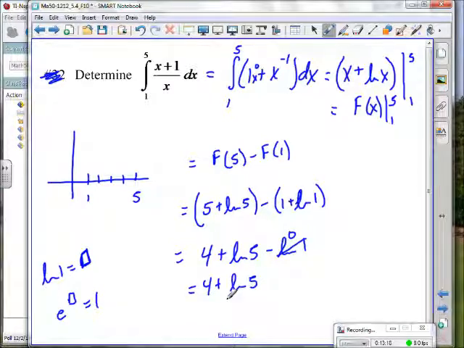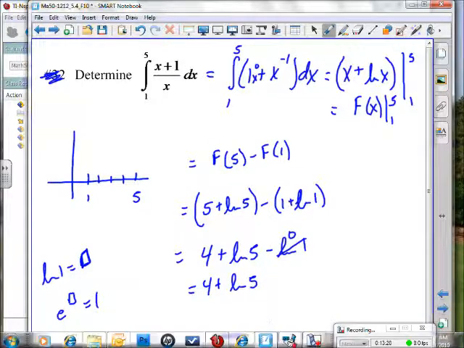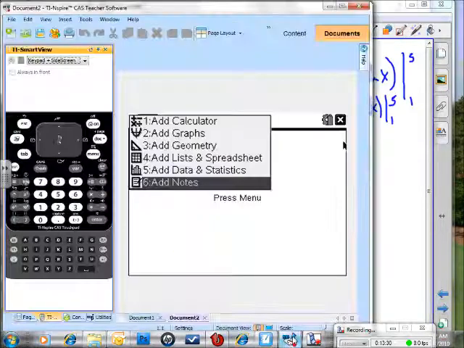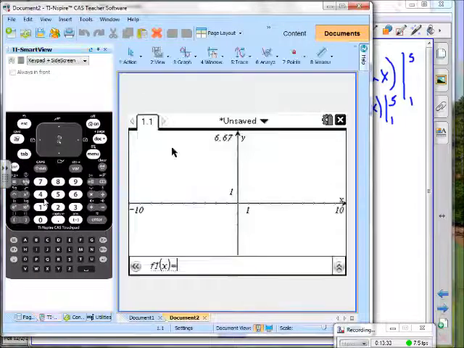That would mean then that if we graph this and bound it by these vertical lines, the area would be 4 plus the natural log of 5. Let's check it out and see. So I'm going to go in here. I'm going to put in my fraction.